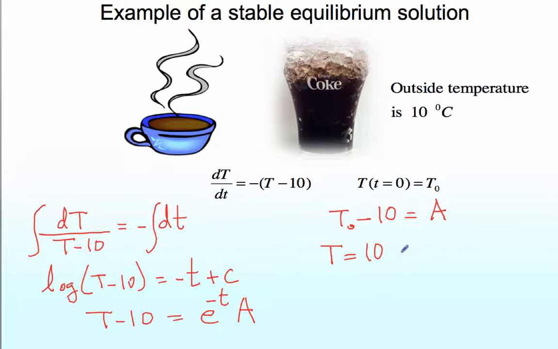So T becomes 10 plus A, which is (T naught minus 10) e to the power minus t.